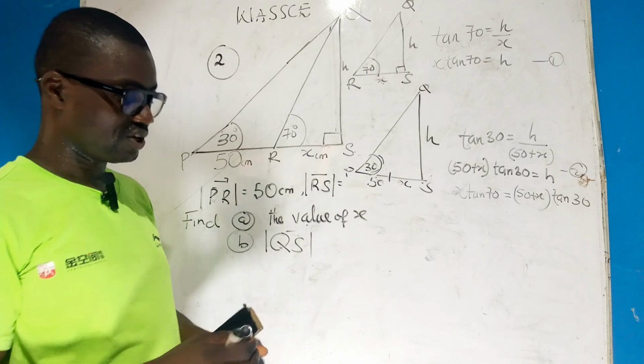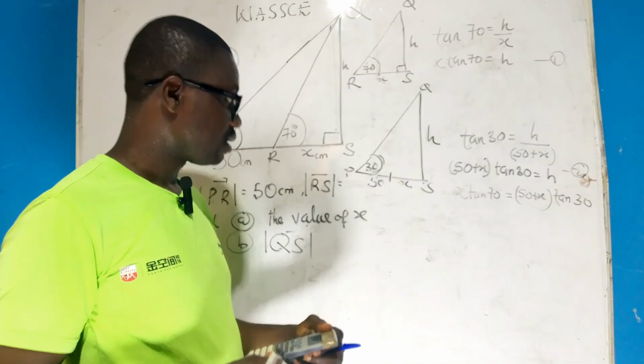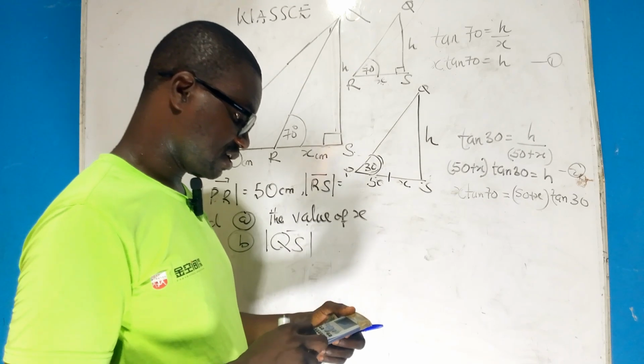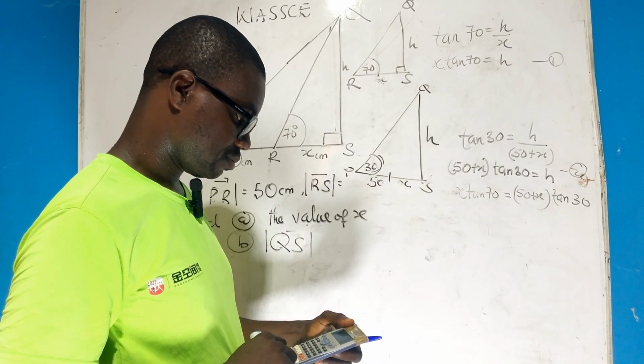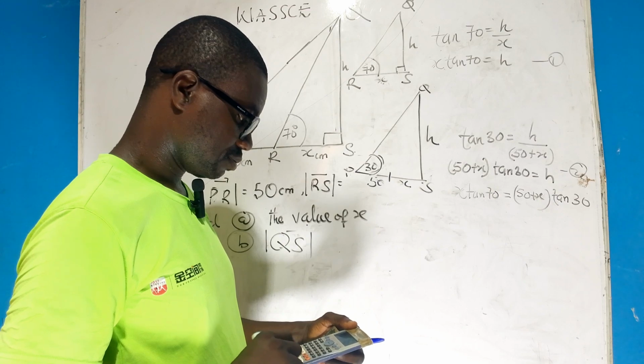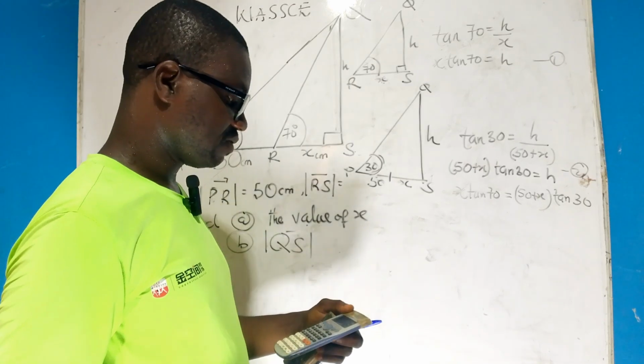Now let's write our equation. Let's find out what tan 30 is. Tan 30 will give us 0.5773.